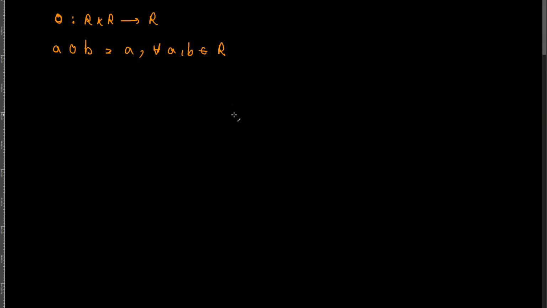For all A and B belonging to R. Now you want to show that O is not commutative but associative.